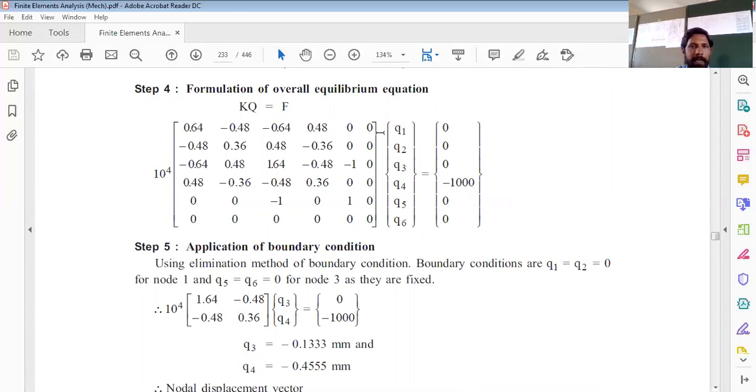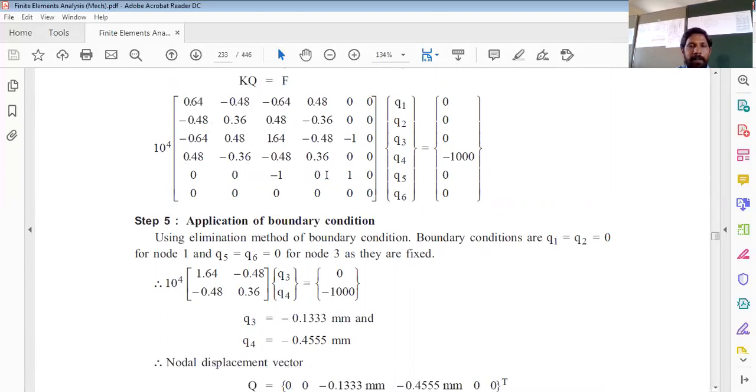So eliminate the corresponding rows and columns, that is first row, first column, second row, second column, fifth row, fifth column, and sixth row, sixth column. After elimination, we are left with a 2 by 2 matrix, which is 10 to the power of 4 times the matrix of 1.64, minus 0.48, minus 0.48 and plus 0.36, multiplied with the displacements Q3, Q4, equal to the force vector 0 and minus 1000.